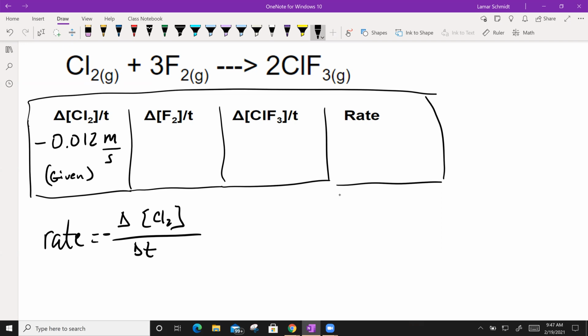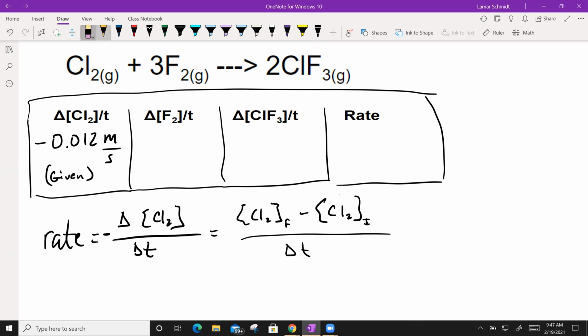And the change in the concentration of Cl2, and this is what your notes say, is actually the concentration of Cl2 at the final, and it says T2 in your notes, minus the concentration of Cl2 initially. And then we can say by the change in time, or actually let's get rid of that.